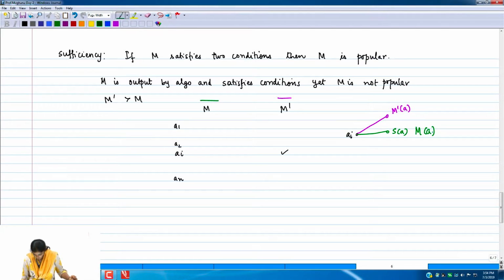Yeah, so this is AI. Yeah, we want to do that. We want to nullify the votes.